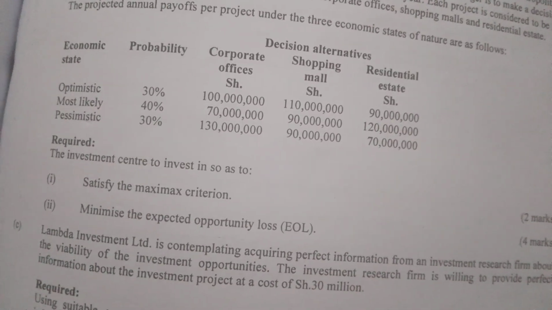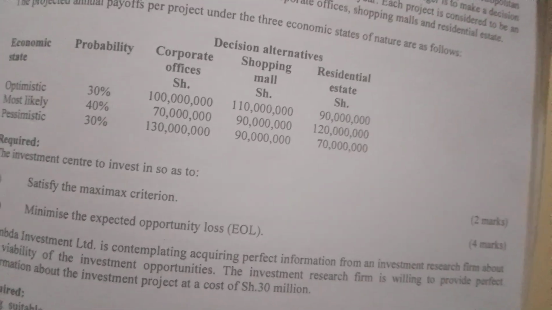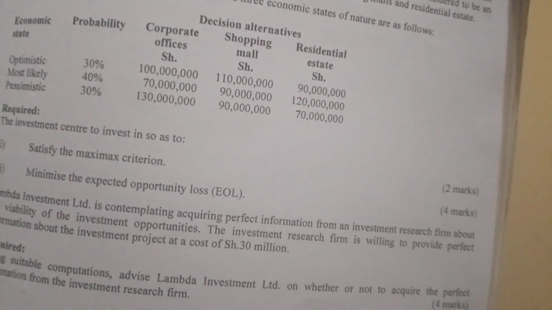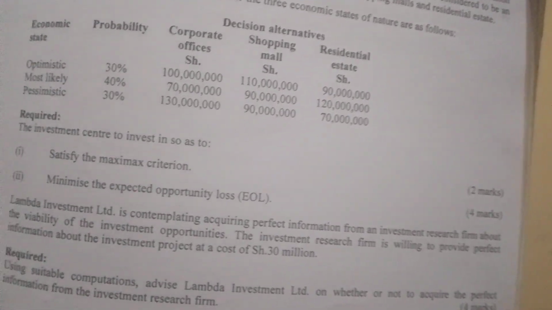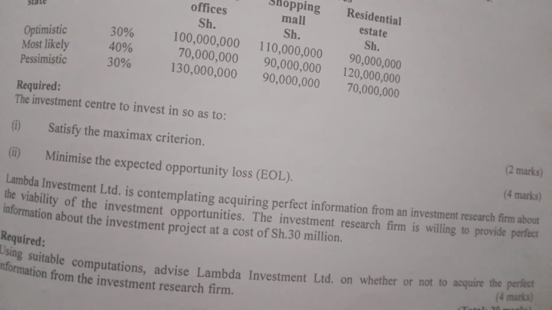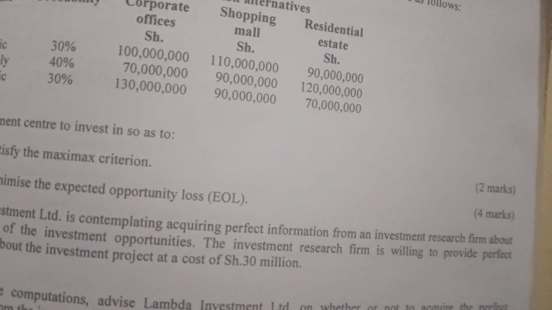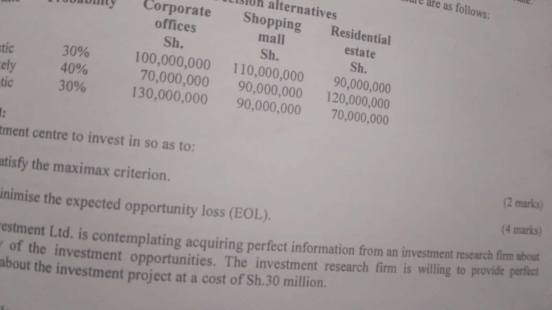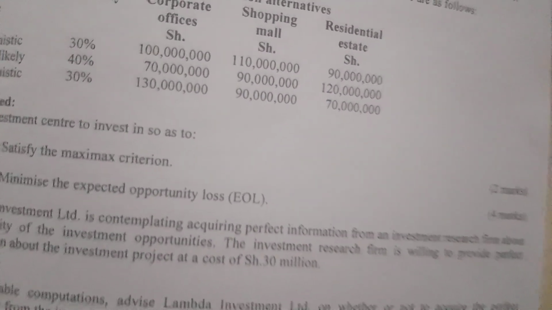So what to do, if you did follow what we said yesterday, max criterion: you go along each row and you identify the highest number. For example, you go along that row with optimistic, you have 100 million, 110 million, 90 million, and the highest is 110. You pick 110.